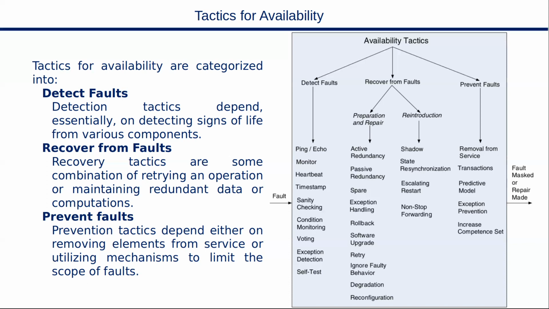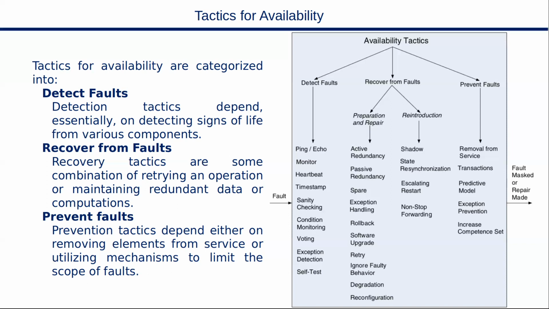So ping echo refers to an asynchronous request response message pair exchange between nodes, used to determine reachability and some delay through the associated network path. But the echo also determines that the pinged component is alive and responding correctly. The ping is often sent by a system monitor.